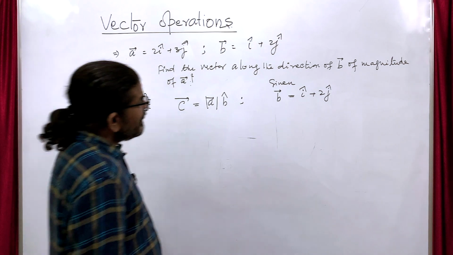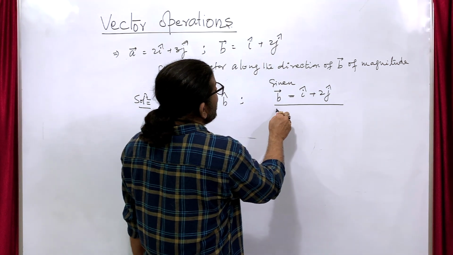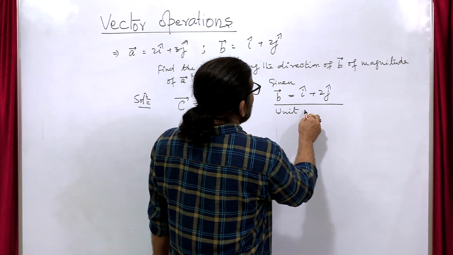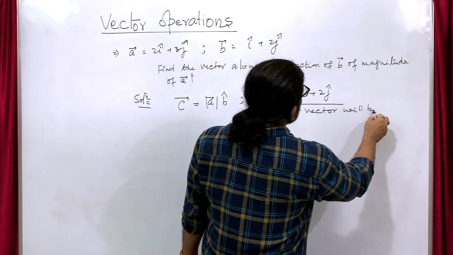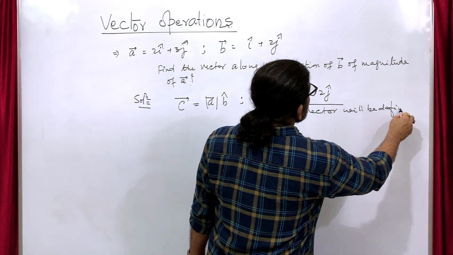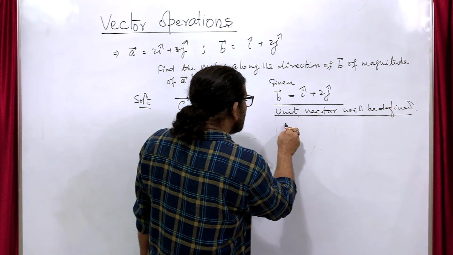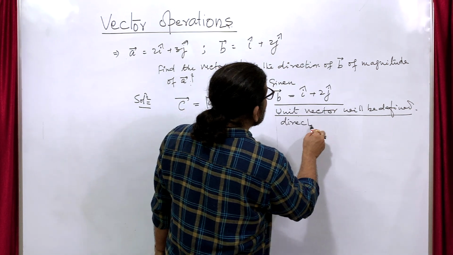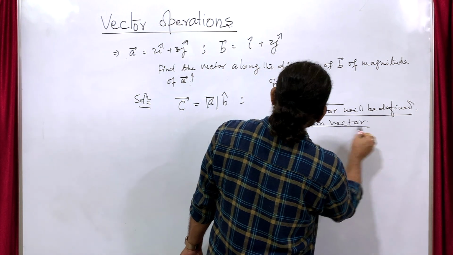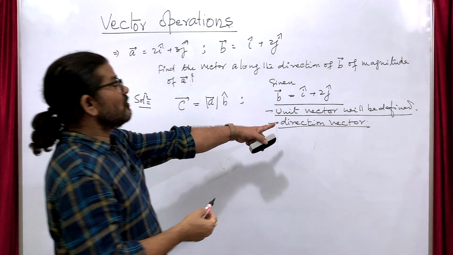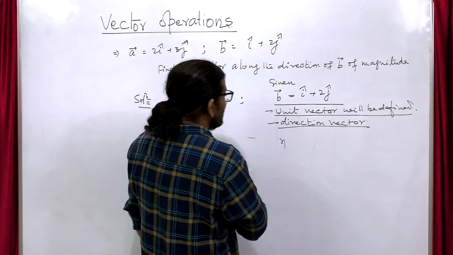Now see, here we are going to define a unit vector. Unit vector is also called direction vector.